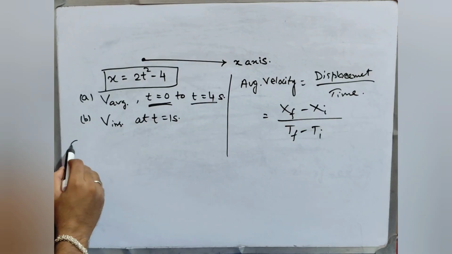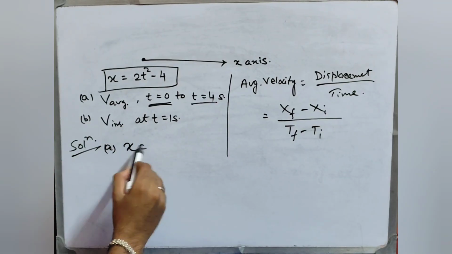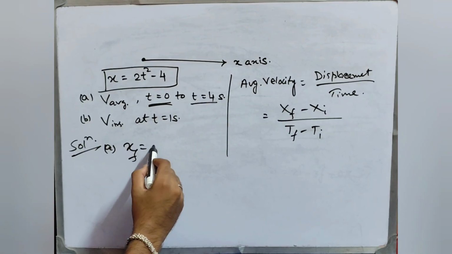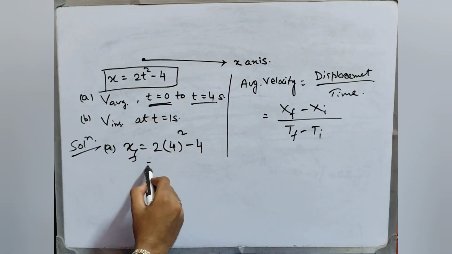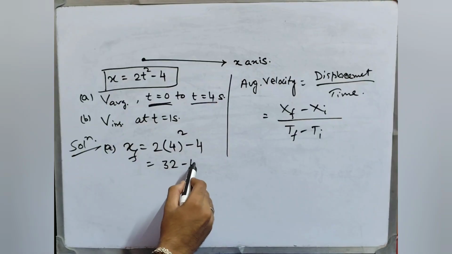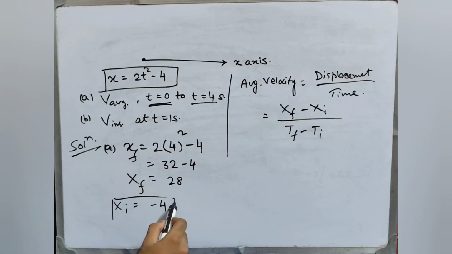So x final is equal to 2 times 4 square, 16 into 2 is 32, minus 4, so 28. So it is your x final, and x initial, put t equal to 0, will be minus 4.